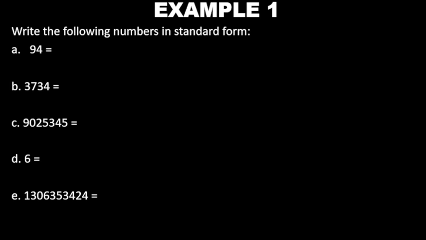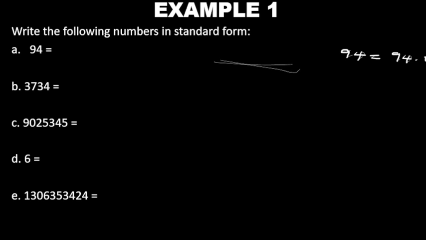94. How do we express 94 in standard form? Remember, 94 is the same thing as 94.0. So we are going to get a value of A to be a number between 1 and 10, isn't it? Okay, let's try that.